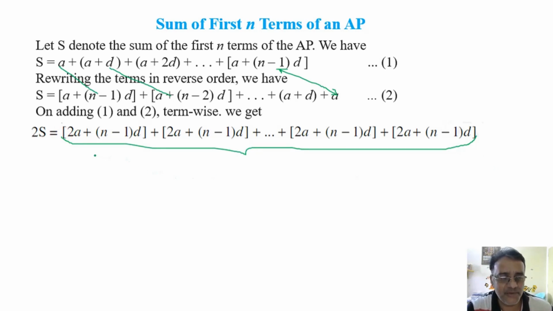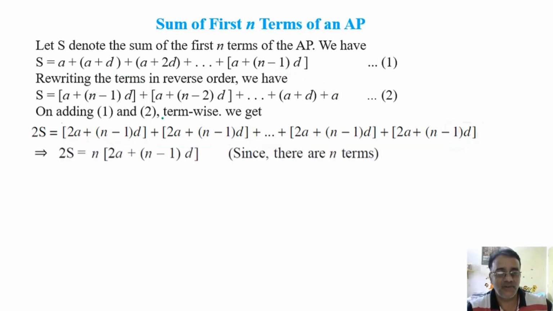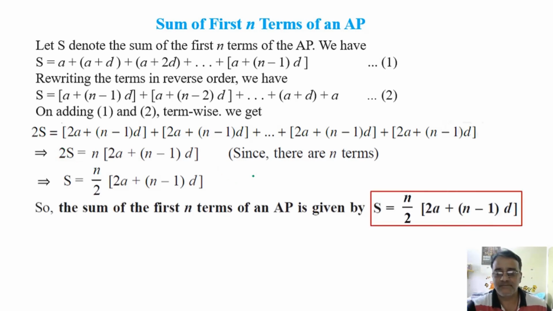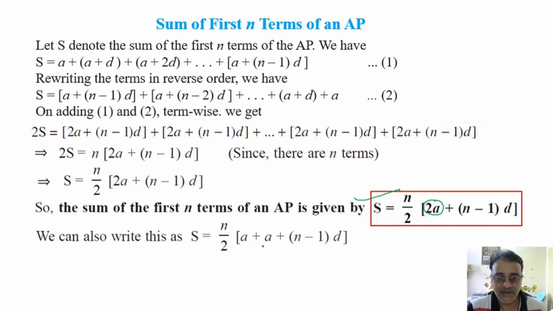So n times means we can write n into 2A plus n minus 1 into D. And this 2 you can shift here, so it will become n by 2. So this is the sum of n terms formula. And see, if you split 2A as A plus A, how will you write this one? A plus A plus n minus 1 into D.